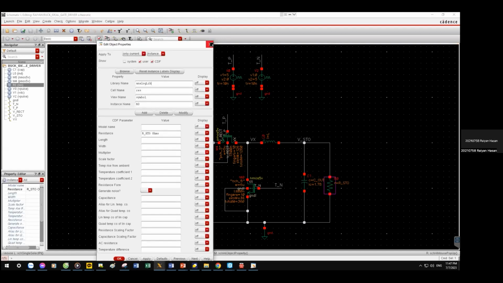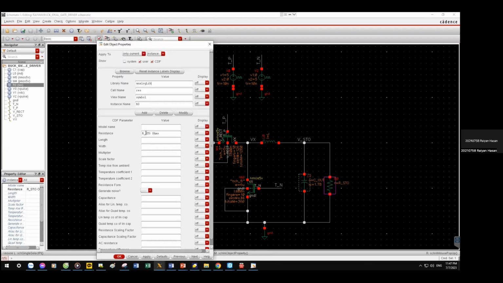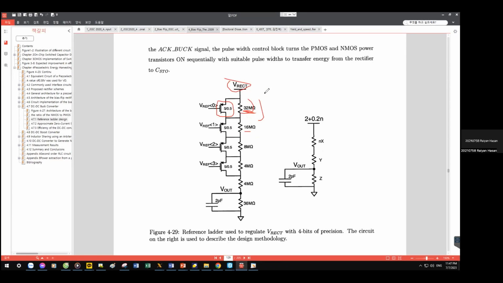Why do you change the value of the register? You put in values here, resistance. 22 mega ohm, 16. You make this letter. Reference is just DC.